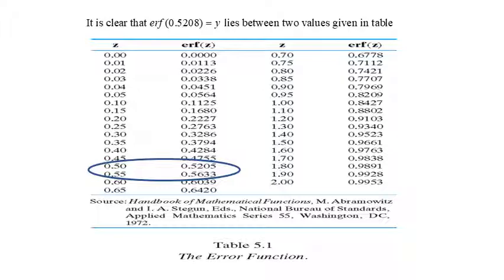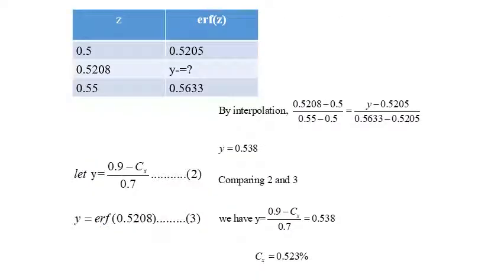The value lies in between these two values. So 0.5 gives 0.5205 and 0.55 gives 0.5633. We need to find the error function z value with respect to 0.5208. By taking interpolation, you get y equal to 0.538.